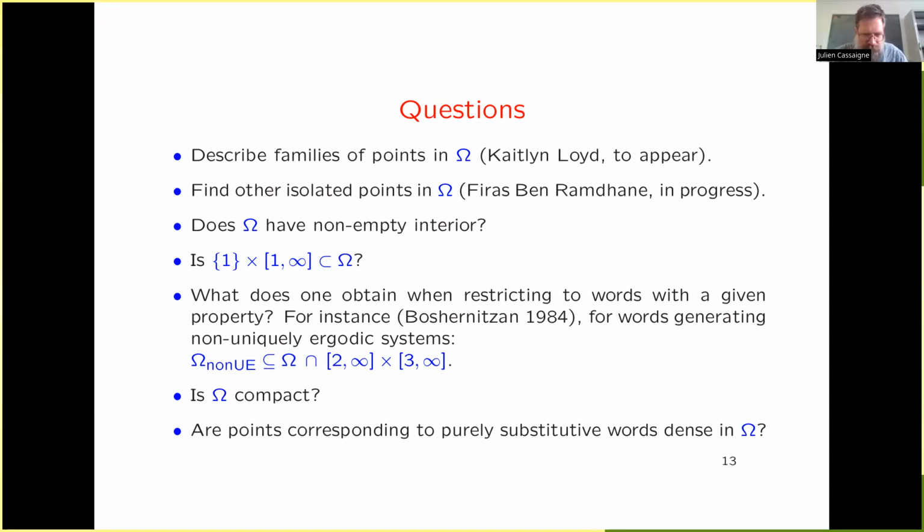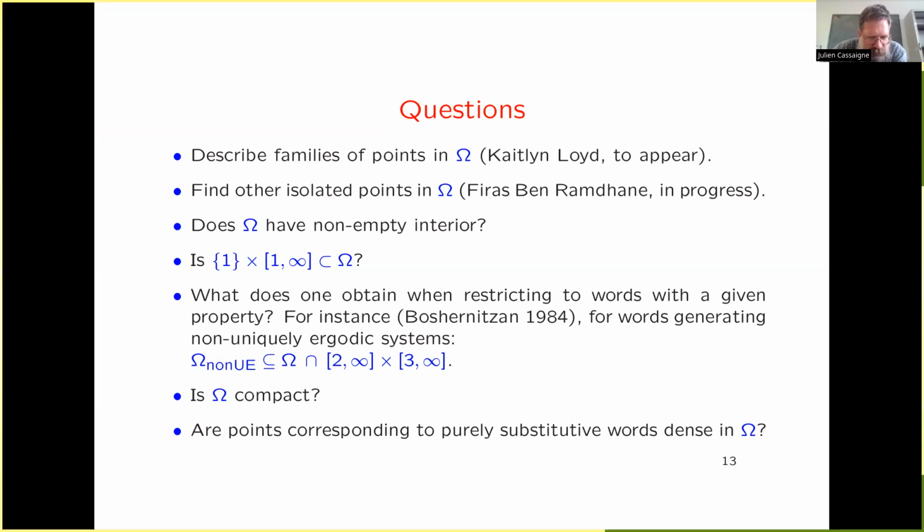So you can fill a part of omega just by substitutive words. If this is dense in omega, it means that the picture that you draw visually is omega. You can get as close as you want to any point in omega. So this seems rather natural, but I'm not sure how to prove this.